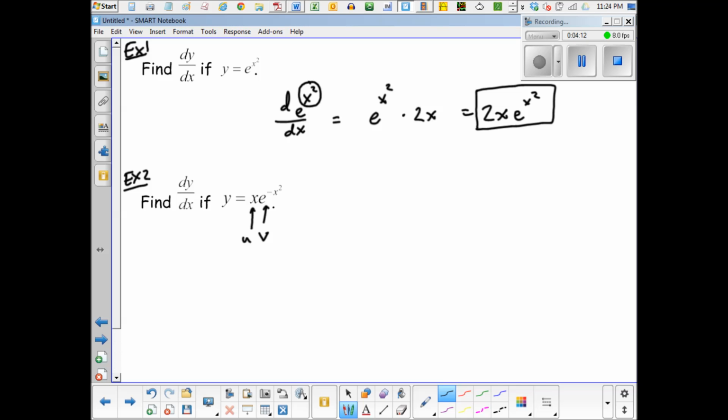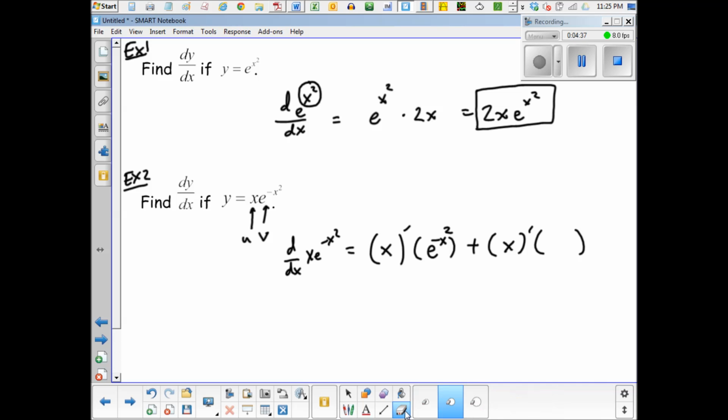So the derivative will be made up of 4 parts. The first function's derivative times the second function, plus the first function times the second function's derivative.